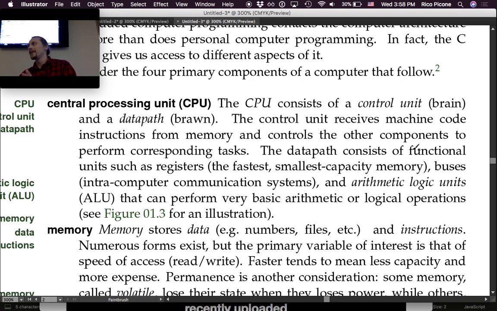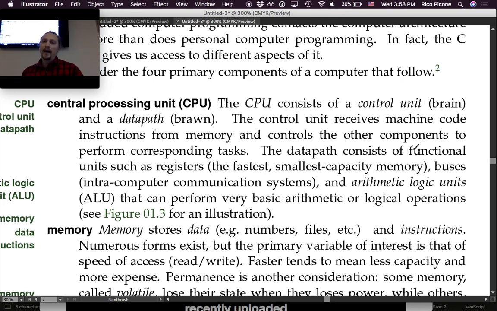It's a very rough way of putting it, but it's a way to think about it. The control unit receives machine code instructions from memory and controls the other components to perform corresponding tasks. So it's sort of like the boss of the whole thing. It's telling everything else what to do. Okay?